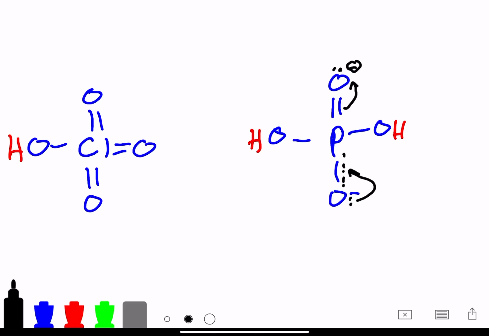Perchloric acid, on the other hand, if we take away this hydrogen, these electrons can kick into here, and then you can have 3 more resonance forms. You could have this double bond kick out, you could have this double bond kick out, or you could have these electrons and this double bond kick out.